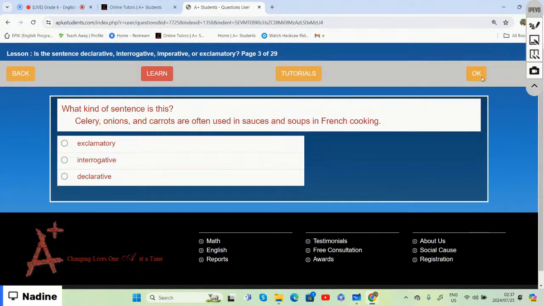The next one says, celery, onions, and carrots are often used in sauces and soups in French cooking.